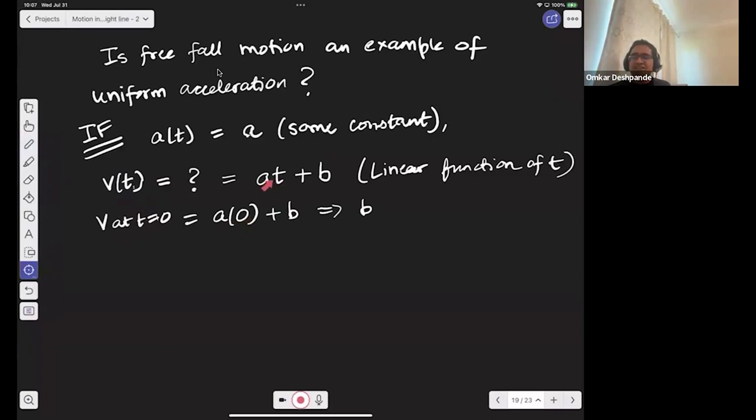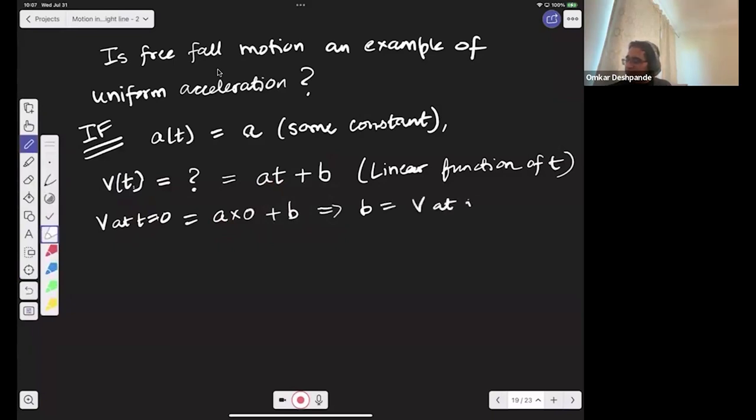This is acceleration times 0. We make that explicit. This is a times 0 plus b. So that means b is my velocity at time 0. Right? I can denote it like this, and I can call it initial velocity.